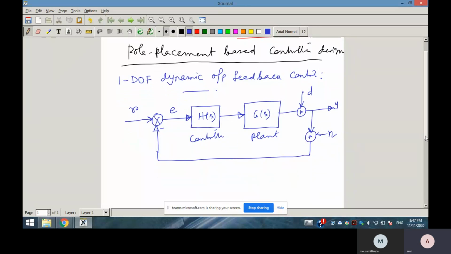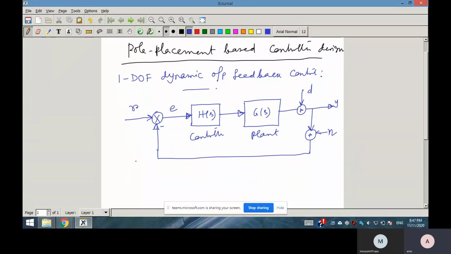So here I am just writing: the independent input to the controller is the tracking error.